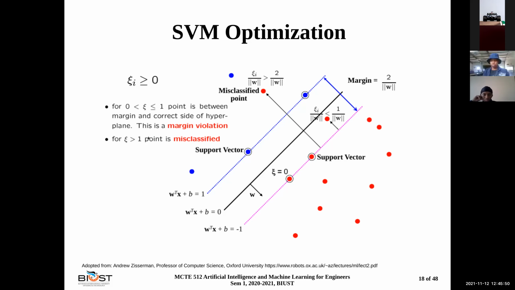But if the point is misclassified, for example here for the red part that is already outside of this region, it crosses the hyperplane, and psi becomes greater than 1. So we introduce this psi value to help us in terms of the optimization equation.